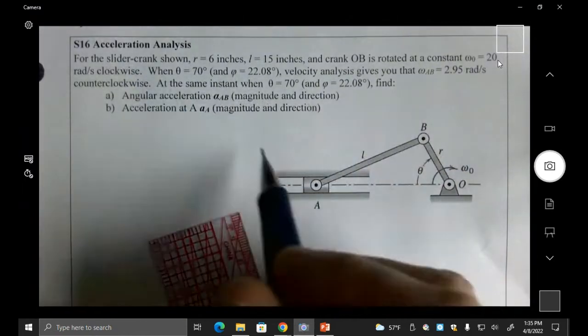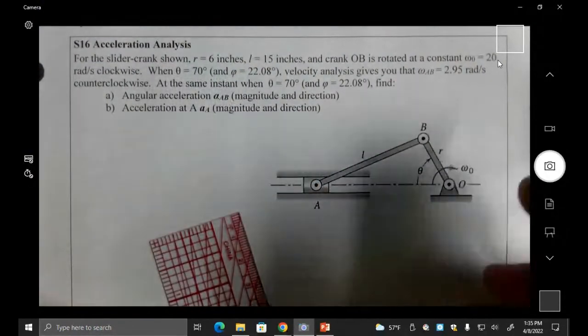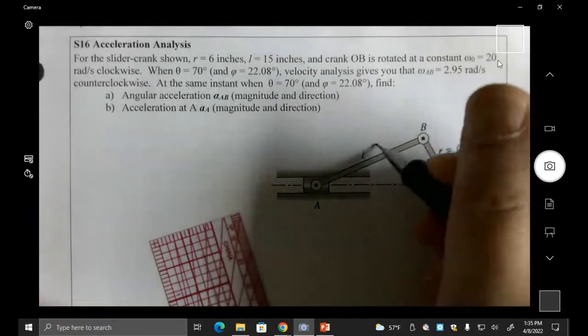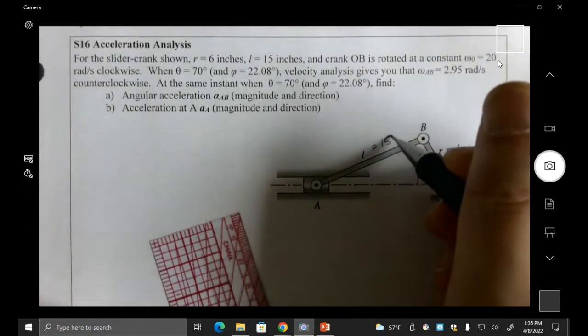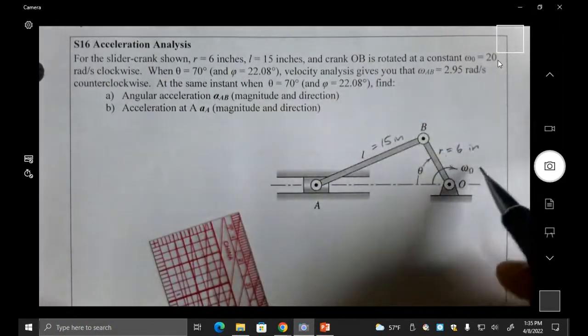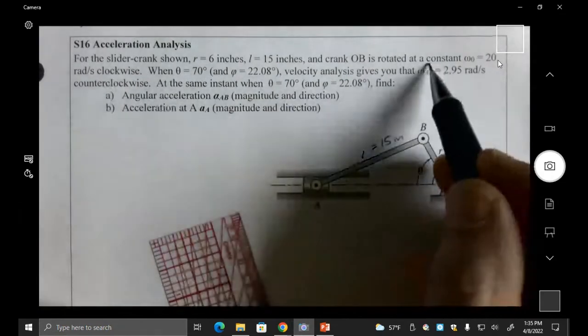For the slider crank shown, this is equal to 6 inches, and this is equal to 15 inches. And it's rotating at a constant 20 radians per second. That was constant, that's an important thing, right?